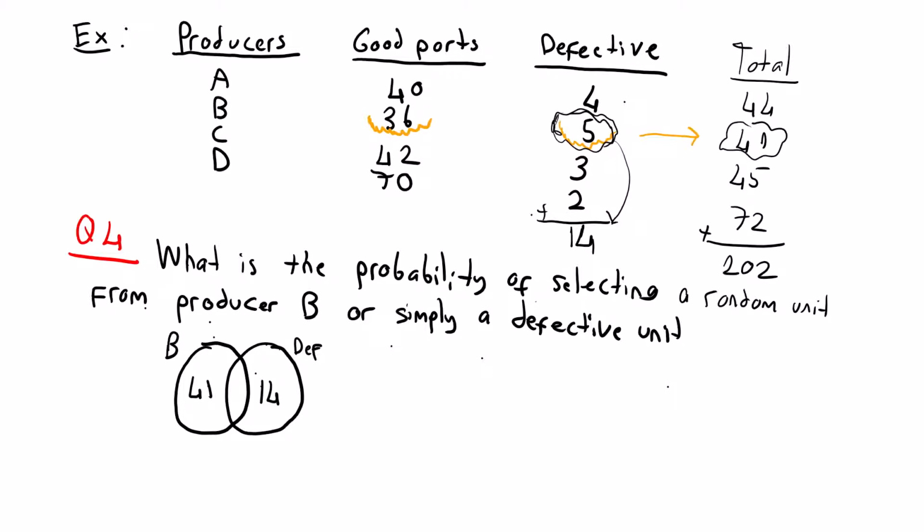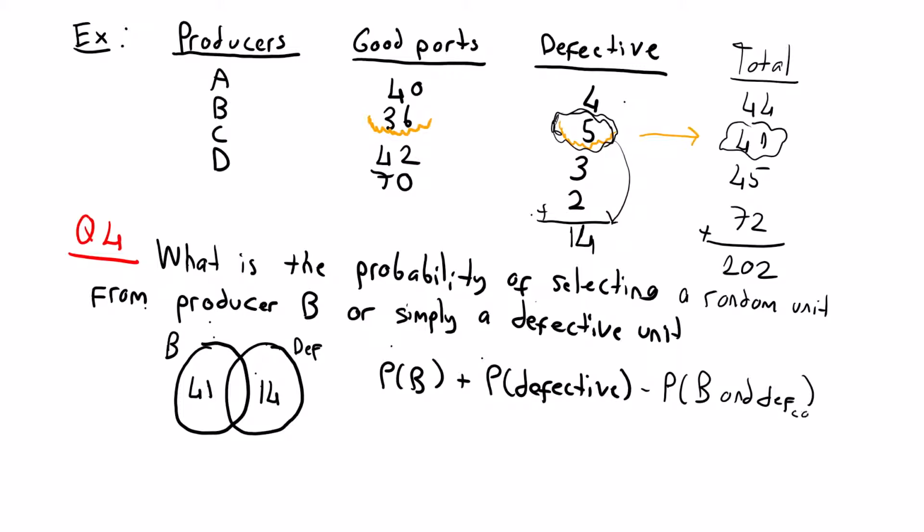So how do we formalize this? P_B plus P defective minus P_B and defective in common. So this is the common part, and we want to remove the common instance from the calculation.